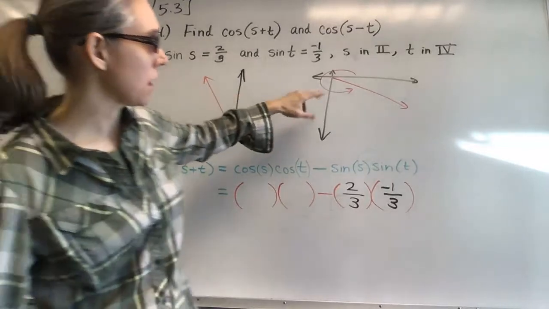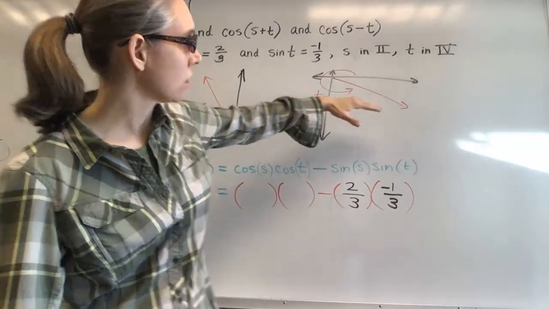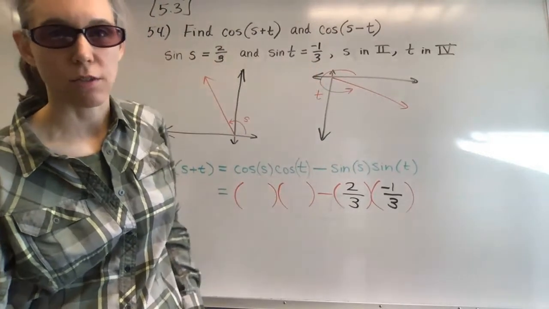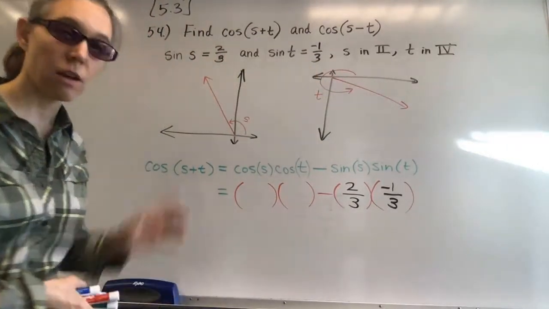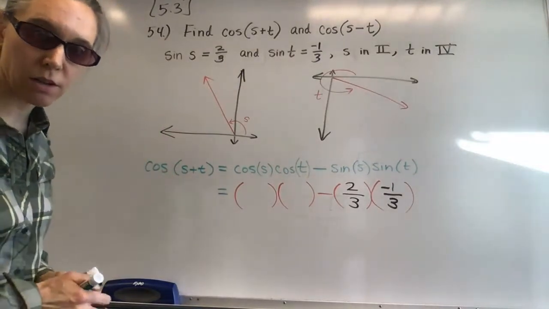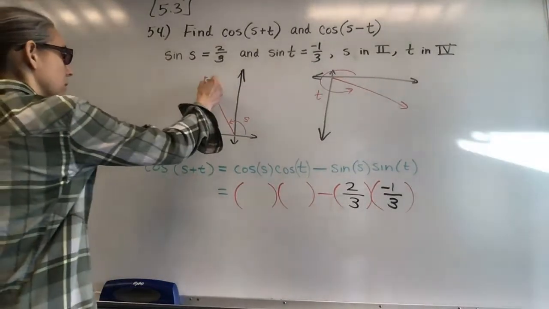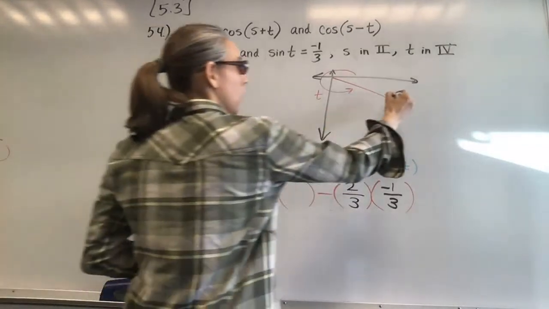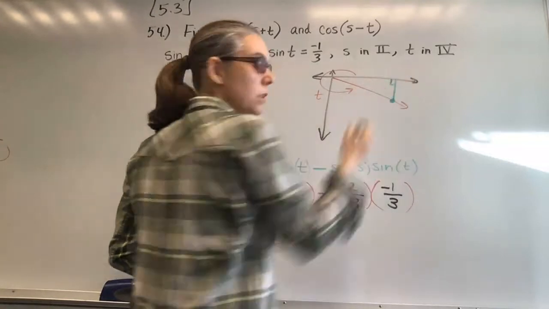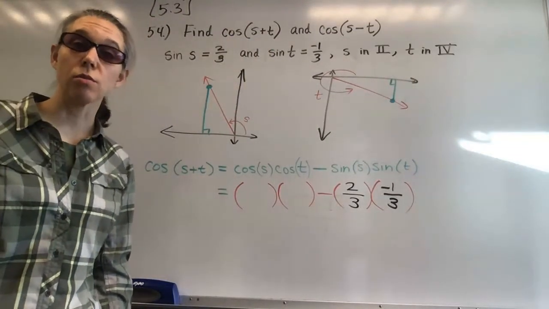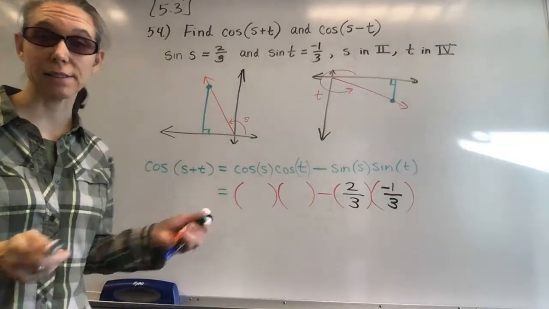And the reason I made T so close to the x-axis is because the value is just -1/3. Now from these angles, I'm going to drop a perpendicular to the x-axis. And the result, notice the use of the right angles, the result are the reference triangles for S and T.